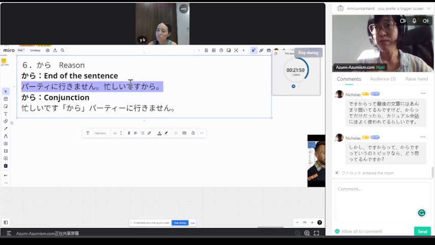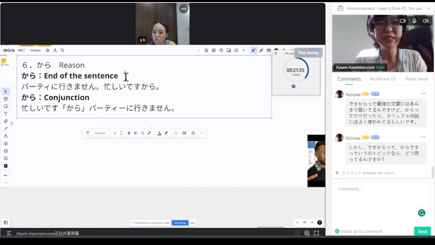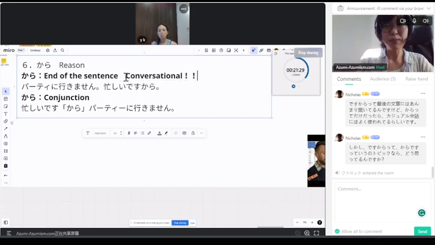Because when you have time, you can construct a sentence, so you can say the reason first and the consequence later. But what you have to emphasize here is that it's fully conversational. Yes, as Nicholas-san mentioned, this is fully conversational.